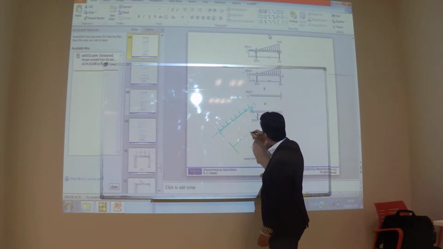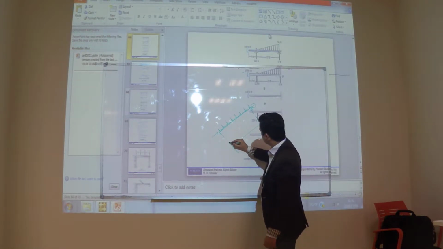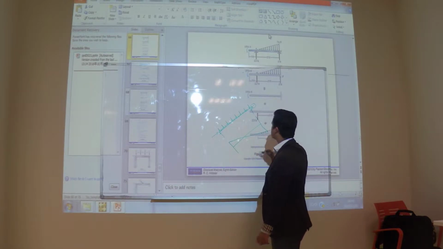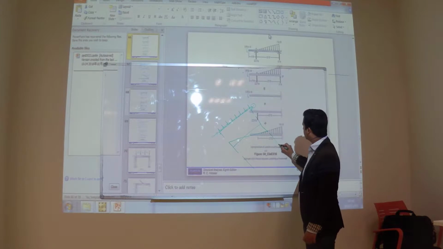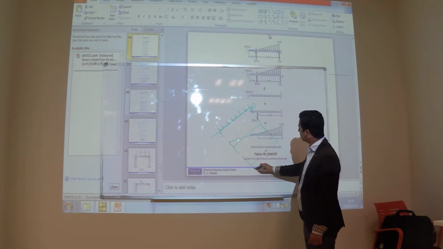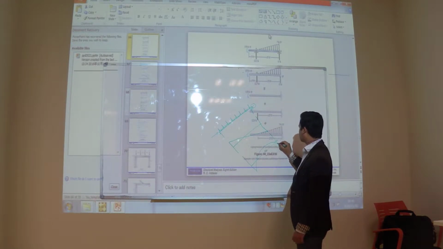Just like a beam. Now your beam is at an angle. We begin with the reaction. I don't know the values, but like this, and then the bending moment will be something maybe like this. It depends upon what type of support is here.